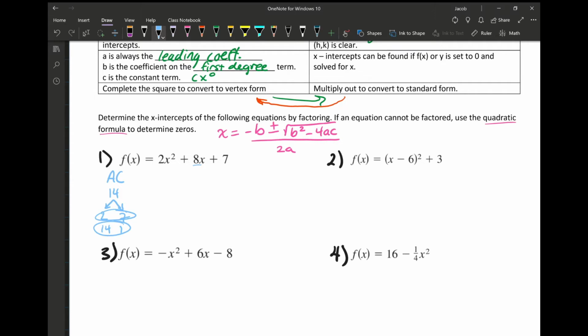So we have to use the quadratic formula. So this is just as easy as recognizing that 2 is a, 8 is b, and 7 is c. So we'll plug through this real quick.